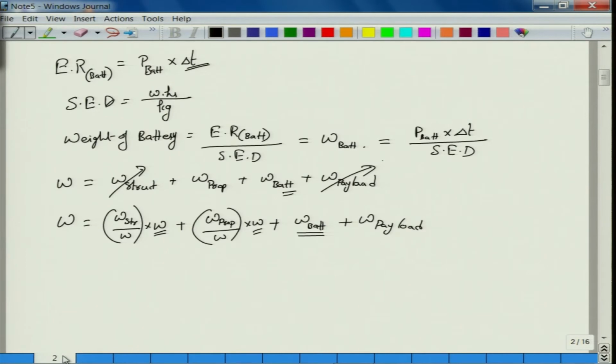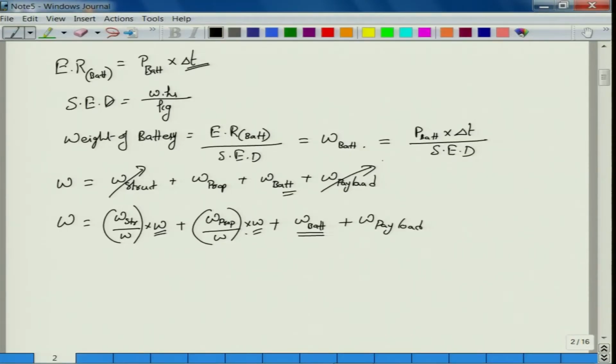So, considering that weight and estimating it for an altogether different mission will also affect the initial weight itself at the end of this mission, because the battery weight may not be the same as the battery weight of the previous UAV, which was considered as 4 kgs, right. That was the baseline UAV that we considered.